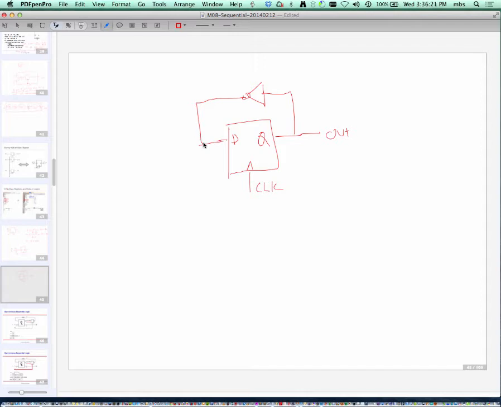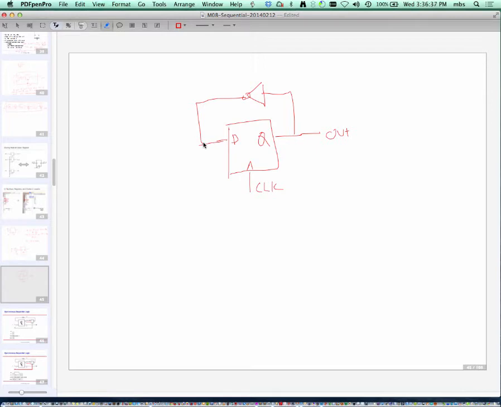So what's happening is that at every clock edge, I'm going to put into the memory cell whatever was previously there. So I'm basically toggling the contents of the flip-flop at every clock edge.